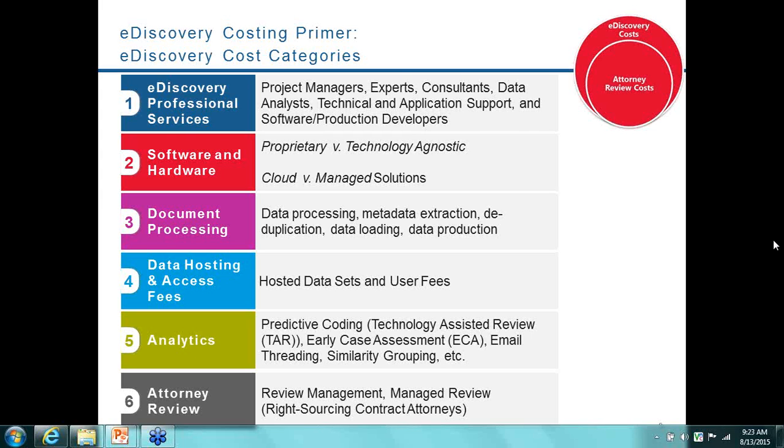The next category is software and hardware. One of the key things there that we need to bring up is, law firms don't really need to be in the business of this. Not that you shouldn't have e-discovery expertise on staff and tools to aid with case assessment and project management and so forth.